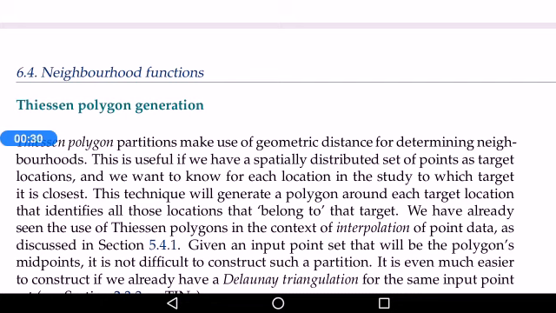Now we want to find out which locations are nearer to which target locations. So we want to know for each location in our study area, which target it is closest to. So we are going to generate polygons around each target location, which identifies which locations belong to this particular target.